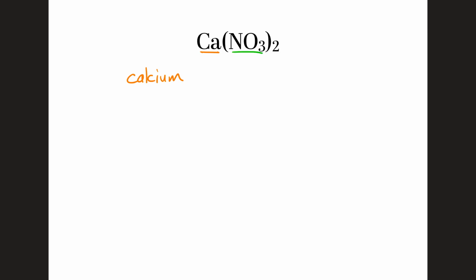This is one that we have to have memorized, or we look at our chart, and NO3 is going to be nitrate. So we just write down that name, nitrate. If you notice, we did not change the ending to ide. We keep it the same. If it is a polyatomic ion, you just keep the name as it is given for that polyatomic ion.